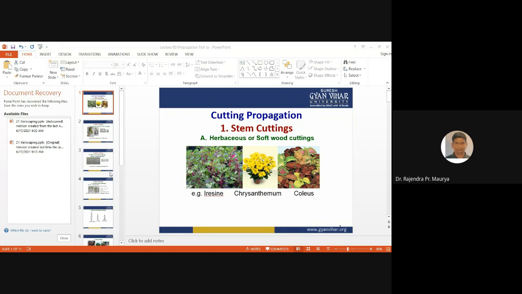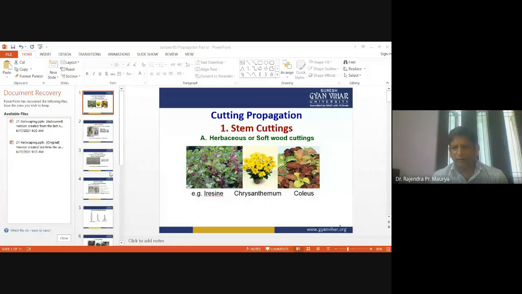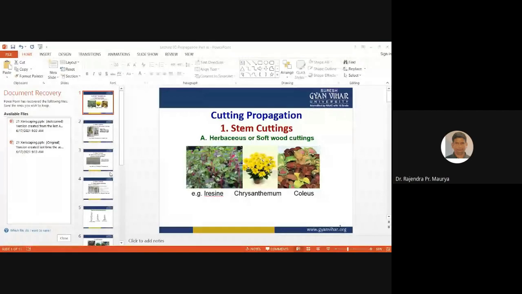When we prepare the ideal size of cuttings from the roots, we have to make the horizontal cut on the above. It must contain the nodes. The bottom one we have to treat with the rooting hormone, similar to the stem cuttings.